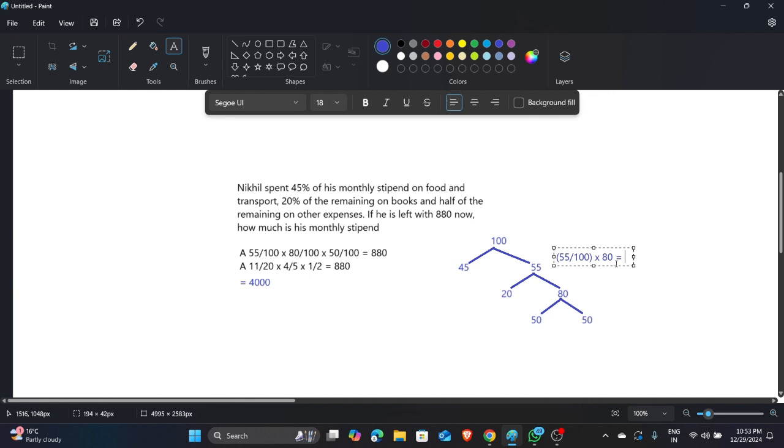I think 44. Yeah, 80% is 44. It is nothing but 4 by 5, 5 cut by 55, so 11, 4 elevens is 44. Yeah, this is the answer.